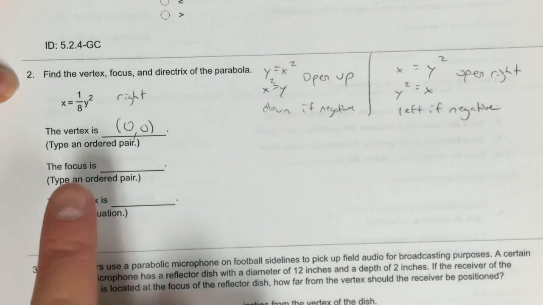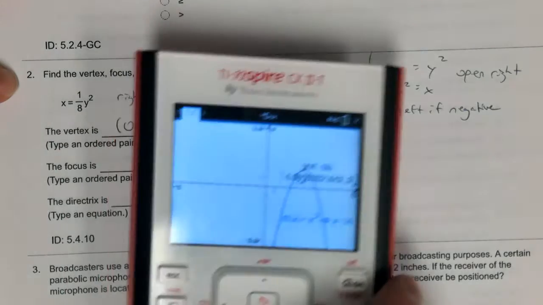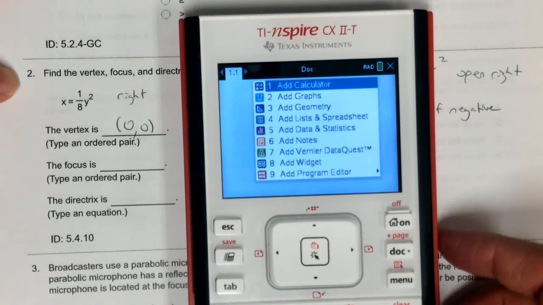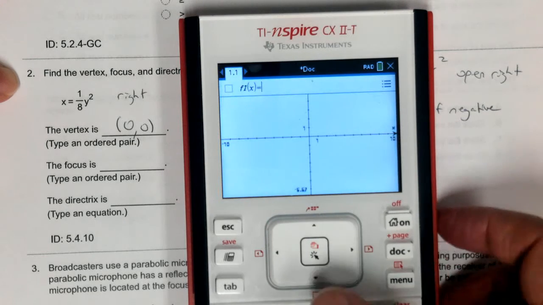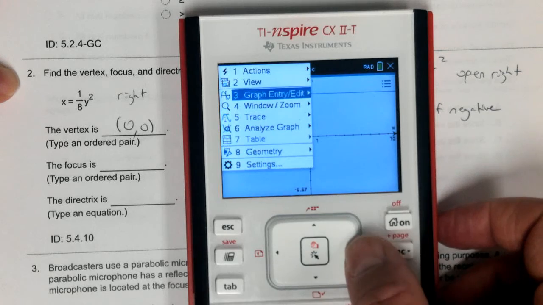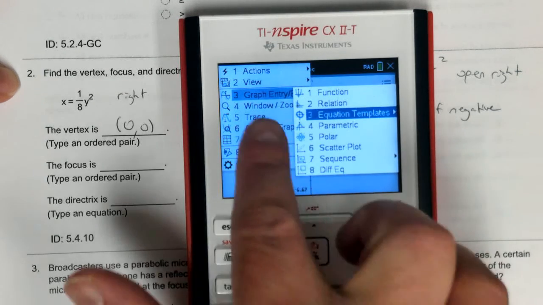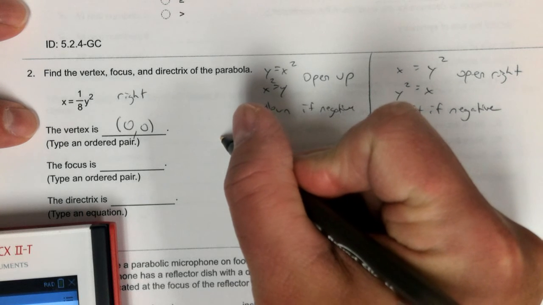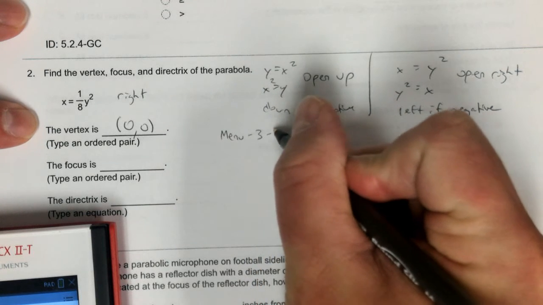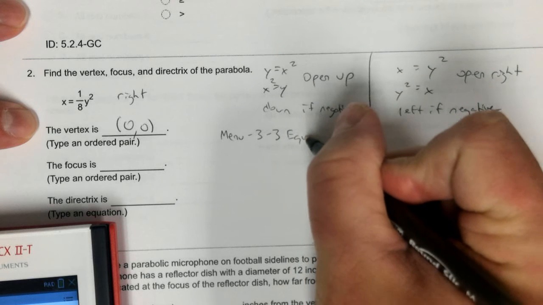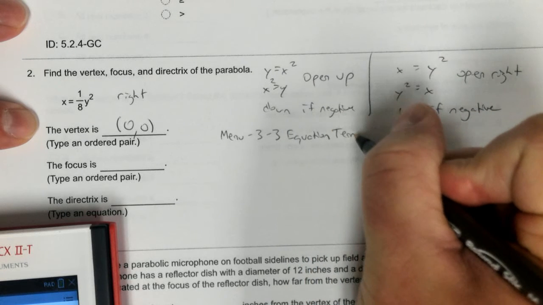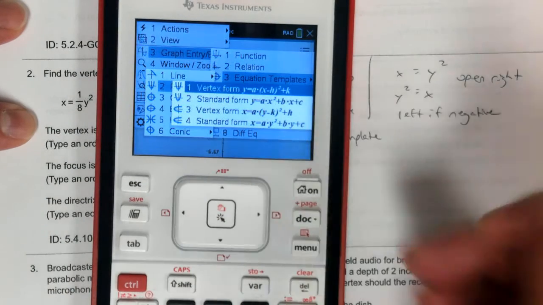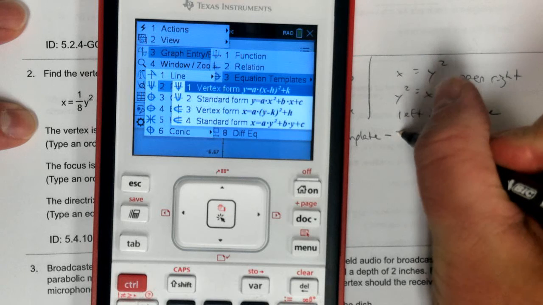Okay, so for the focus and directrix, well, what we first have to do is graph it, and you'd add graph, and then you change this to be an equation template. So menu 3, 3. Menu 3, 3 is equation template. And then you go to parabola. So 2 is parabola.